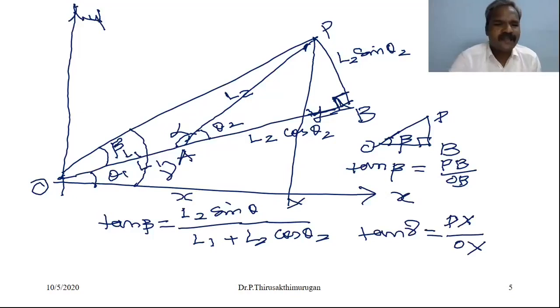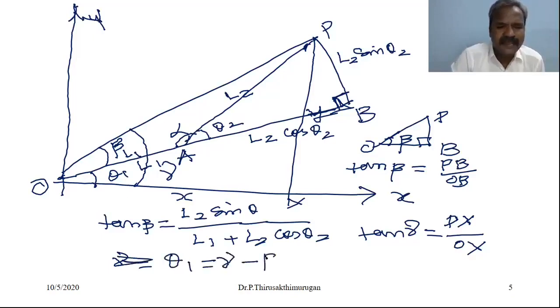So what is gamma? We are going to determine theta 1. What is theta 1? Gamma minus beta.